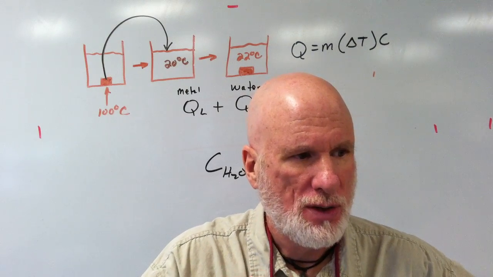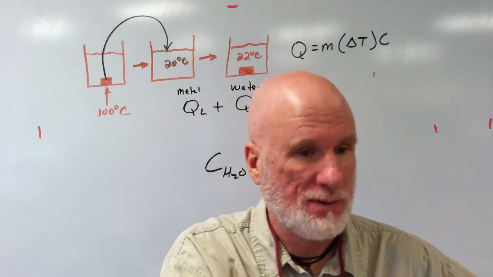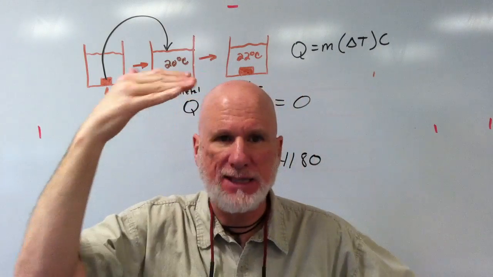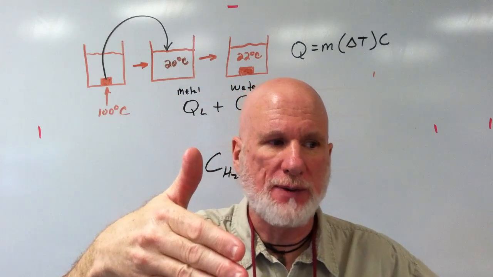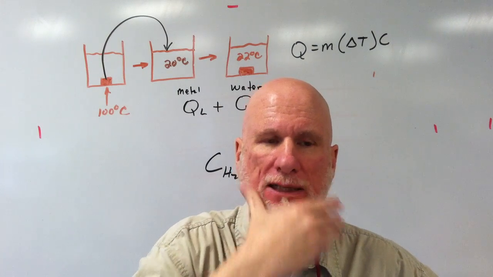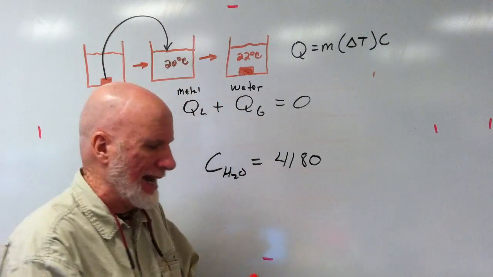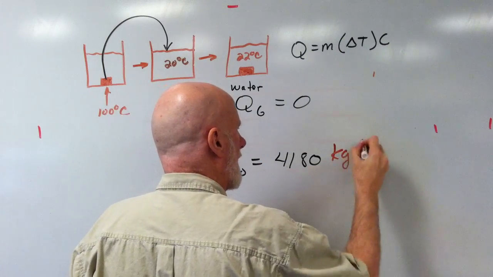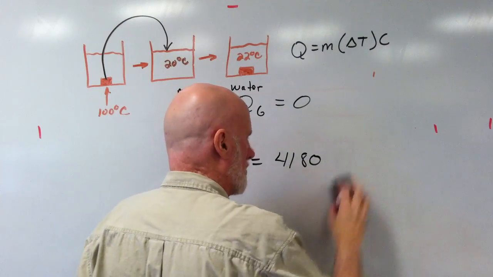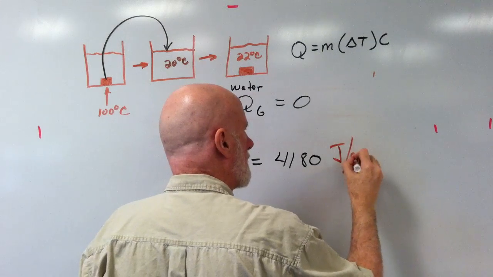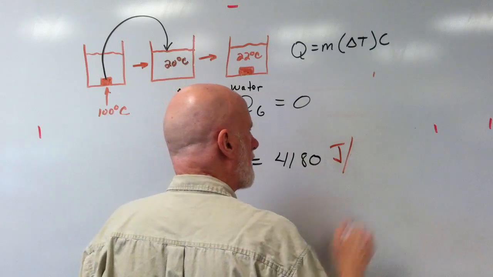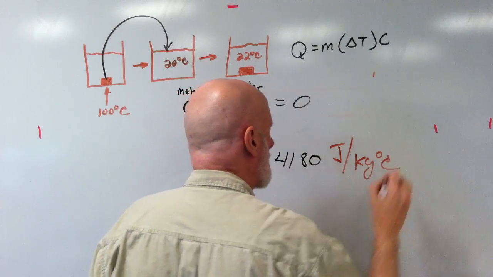What did I do to get the heat? Don't answer that. Okay, let's say this. How much heat does it take to raise 2 kilograms of water 1 degree Celsius?